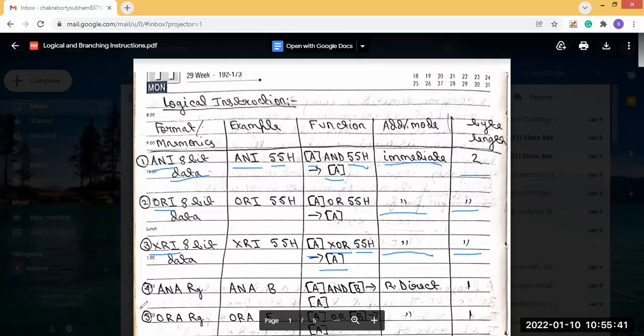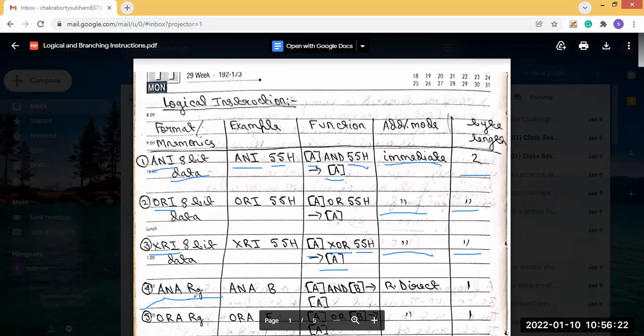Then ANA, with a register name given. This is the normal AND operation, not immediate, because here a register is mentioned. If 8-bit data is mentioned, that means immediate. But if a register name is mentioned, we perform the AND operation with that register.